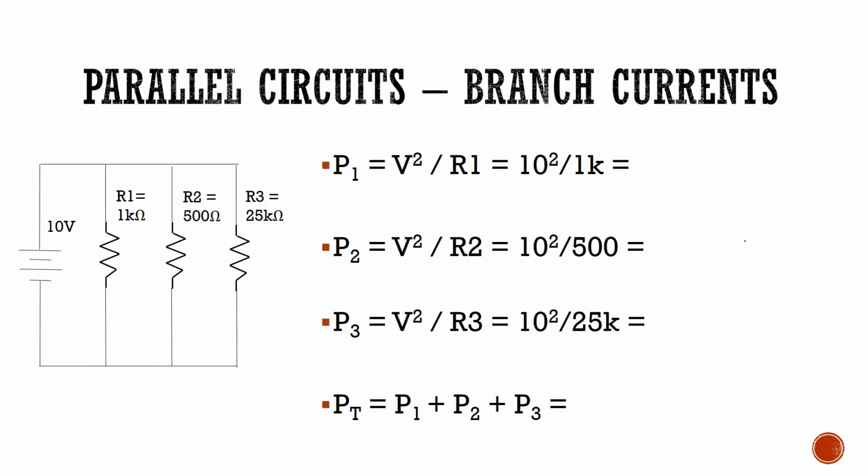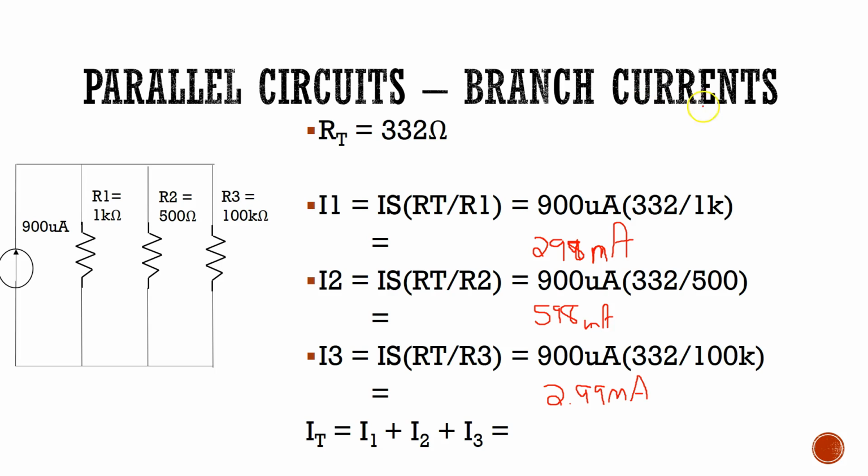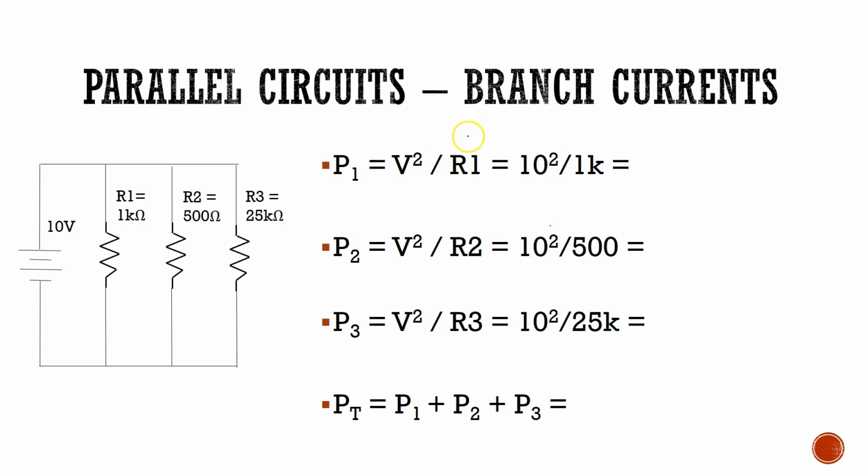And next example here, we're going to look at the power for each of those branches. You can use I squared R, you can use I times V, so we could pull in the currents we calculated here and find the voltage drop.